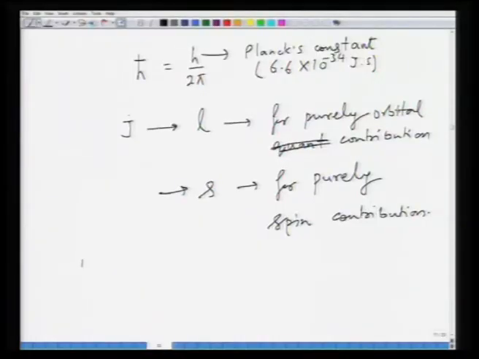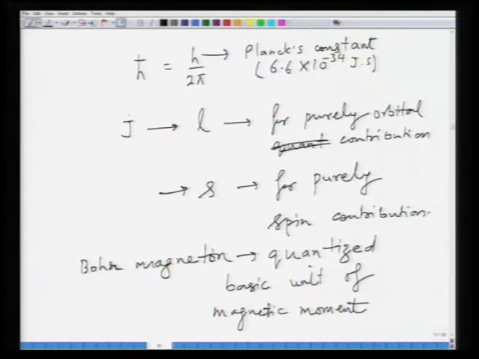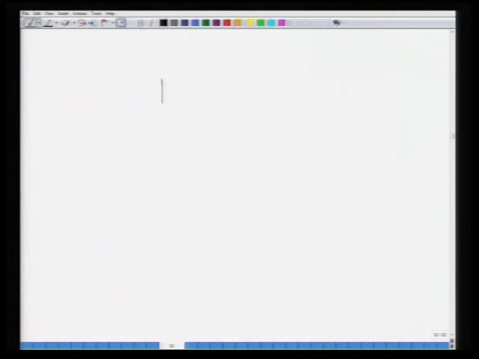So, the quantized basic unit of magnetic moment. This mu b is called the Bohr magneton.